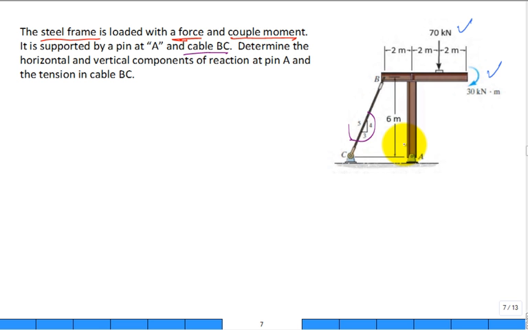And then on your free body diagram, make sure to have all your forces and any forces due to constraints. One of the constraints is going to be this pin at A, probably, and this cable B to C. And then list the 3 unknowns that you need to solve for. What are the 3 unknowns that you're going to solve for? All right, I'm going to pause, walk around, see what you got.